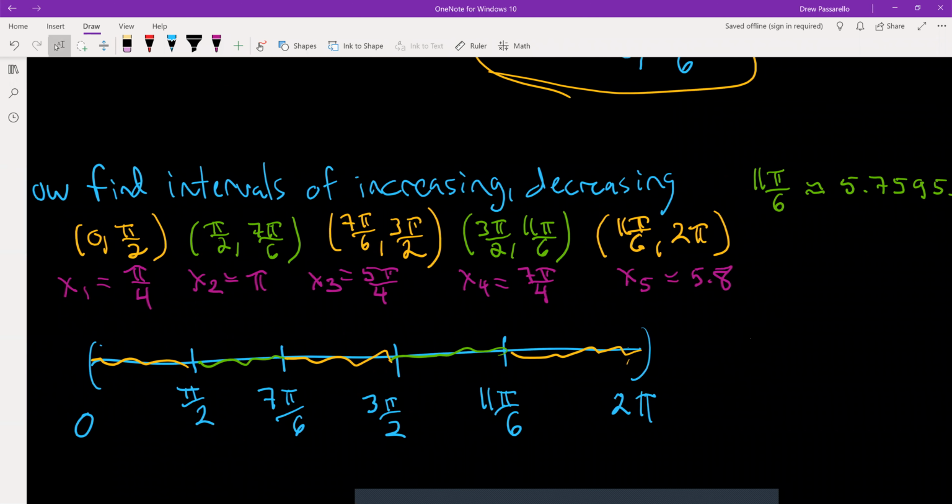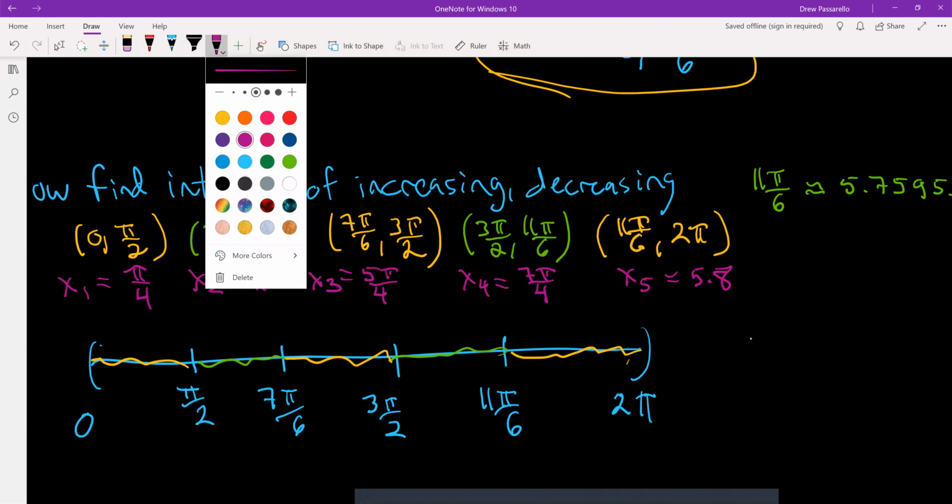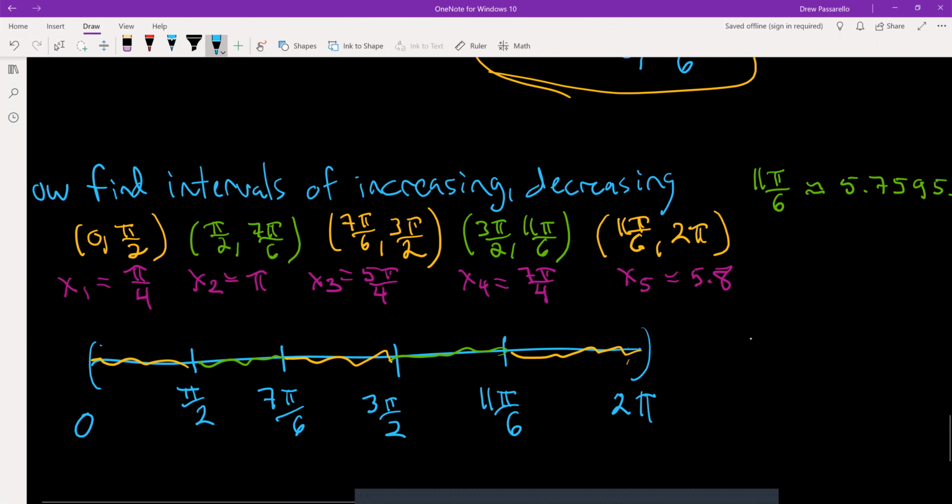So I have 5 values. I have to plug these into the derivative and see if you get a positive or negative number. Okay.